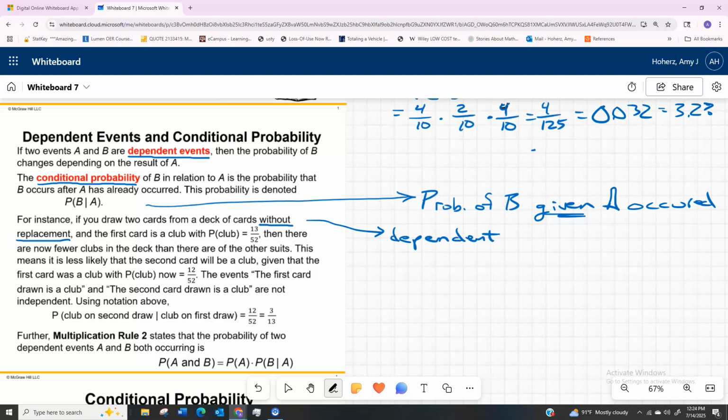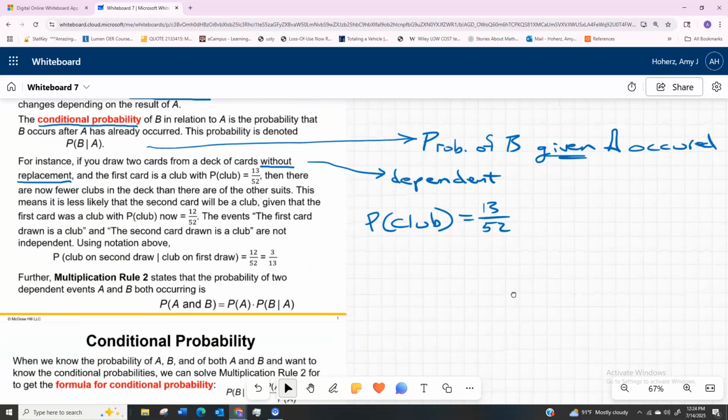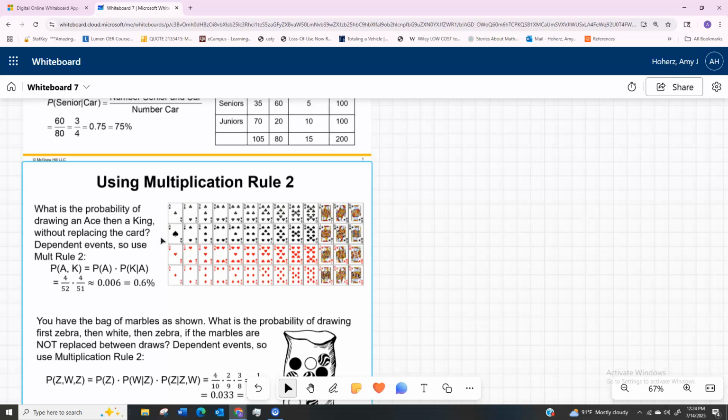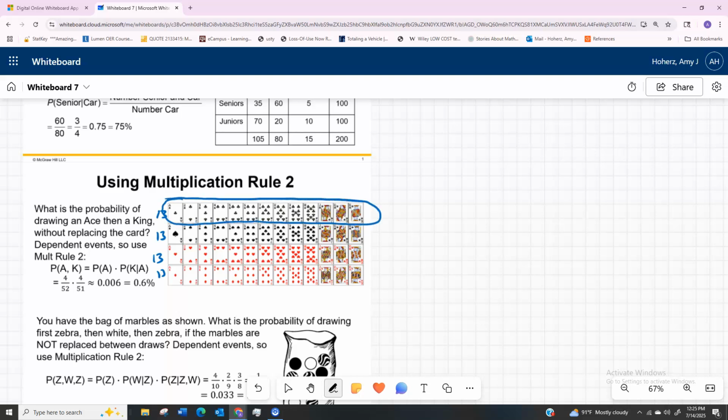And the probability of getting a club is 13 out of 52, because each suit has 13 cards. Now I have a picture of this down here, so we'll go down and look at it. Okay, so here's our deck of cards. We have 13 of each suit. So there's 13 clubs, 13 spades, 13 hearts, 13 diamonds. Okay, so we have a 13 out of the 52 chance of drawing a club.